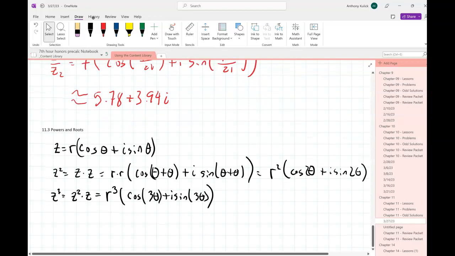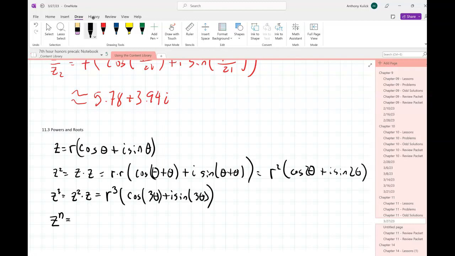And at this point, I kind of see the pattern, right? For z to the power n, what should I get? I get r to the n times cosine of n theta plus i sine n theta.